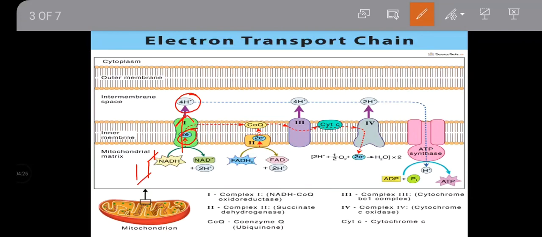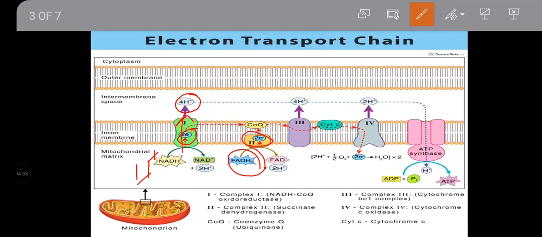complex 2, which is also known as succinate dehydrogenase. This one receives electrons from what? FADH2. This is another high energy compound that gets reduced. So NADH goes to complex 1, FADH2 goes to complex 2.